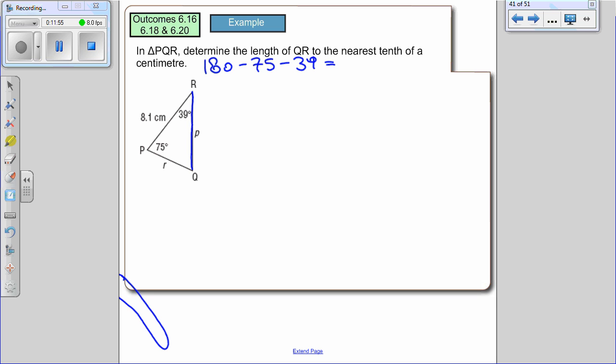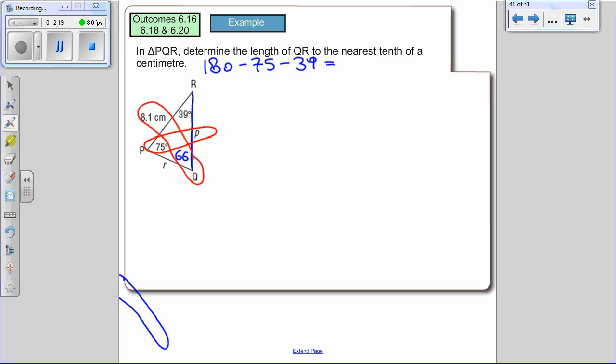So 180 minus 75 minus 39. That means our angle in here is 66, and now we do have a matching pair. So we want to work with this right here. And since we're looking for this guy over here, that's our other pair that we're going to have to work with.